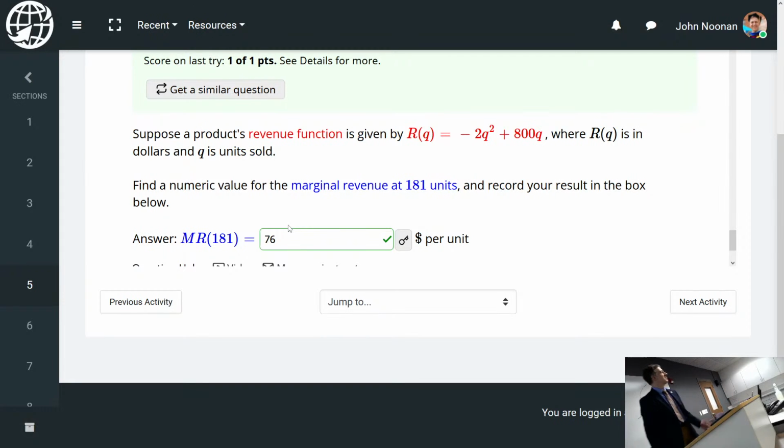Yeah, so it is exactly that simple. Do the derivative, plug in the number, you are overthinking it. Yeah, so marginal revenue is just the rate of change of the revenue. Same thing goes with marginal cost, marginal profit. So these are just terms that the business school bandies about, but they have their roots in calculus. So there it is.